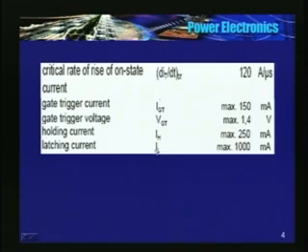Latching current, 1000 milliamperes. I told you that latching current is higher than the holding current. So these are some of the important parameters of the thyristor. So that's about the conventional thyristor, which conducts when it is forward biased. When it is reverse biased, it doesn't conduct.